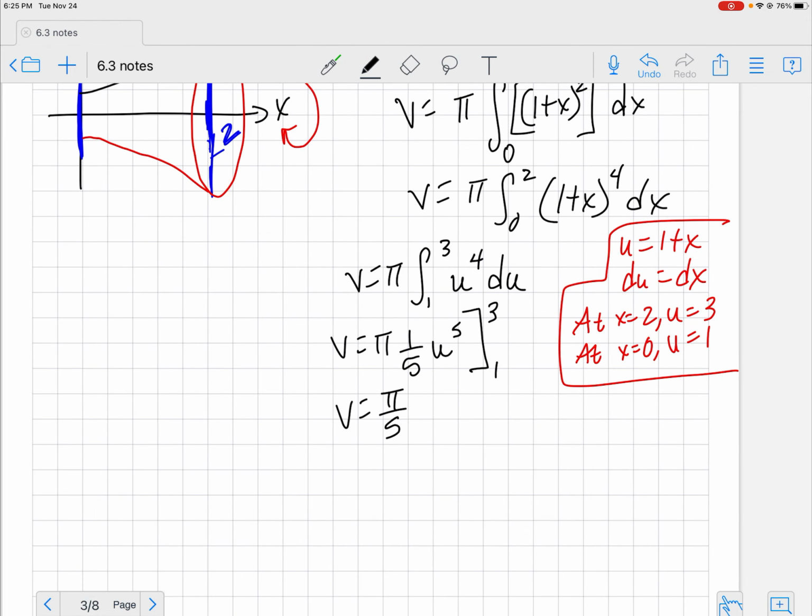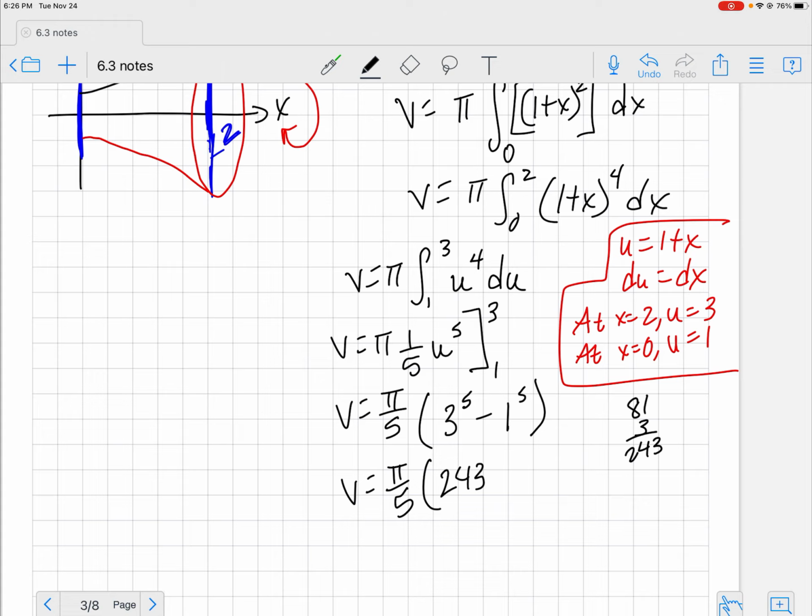So I've got pi over 5, and I'm just going to keep that in front because I don't want to mess with it. I've got 3 to the 5th minus 1 to the 5th. Let's think about it for a second. I know 3 to the 4th is 81, times 3 is 243, right?